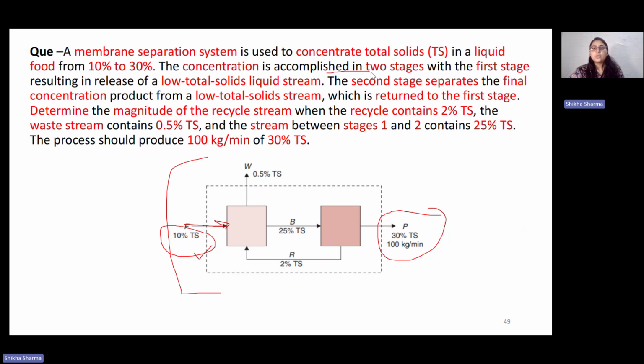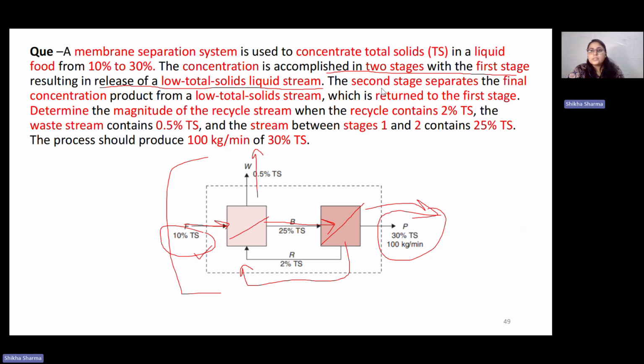The concentration is accomplished in two stages, with the first stage resulting in release of a low total solids liquid stream. So first we use the membrane for this liquid, and if we get 25% TS, we again use the membrane and get 30% TS. If we do not get that, it is recycled and water is removed in this process, right?